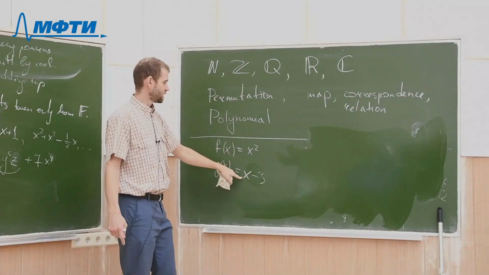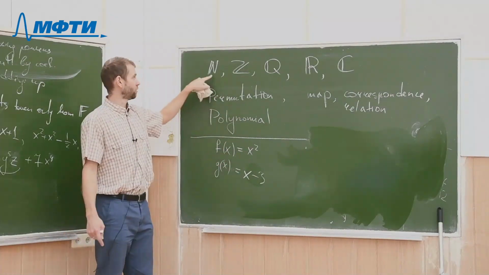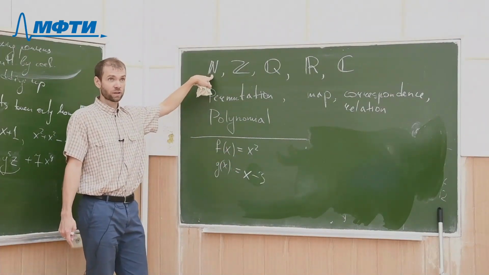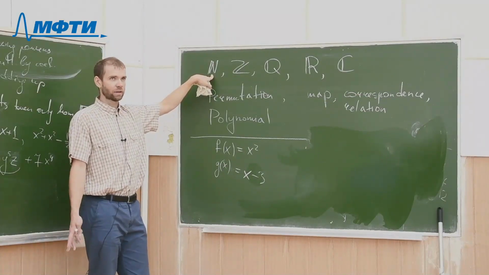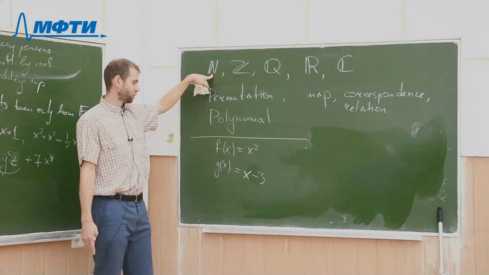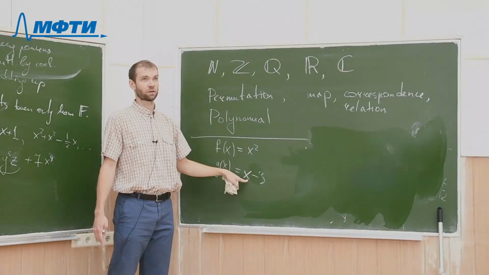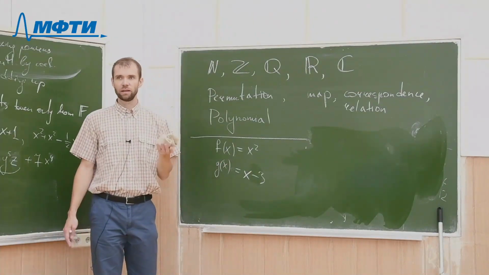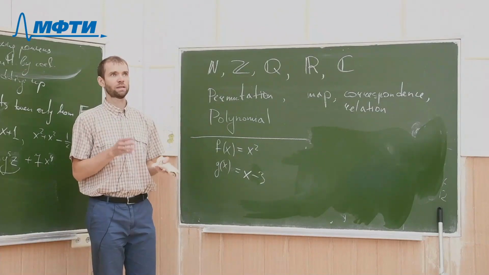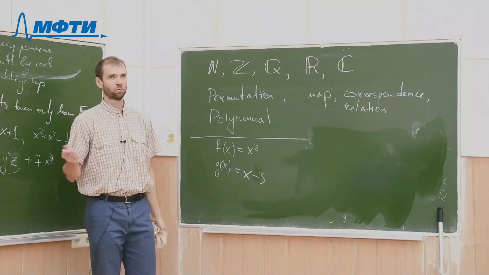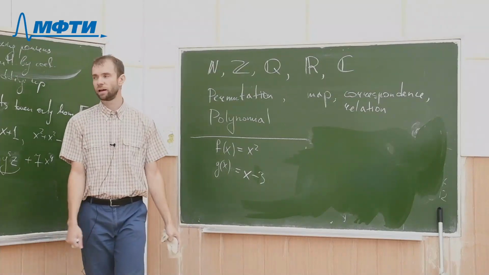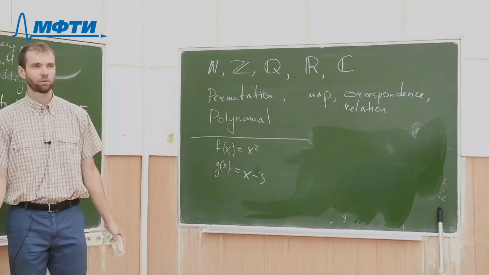But you cannot consider this to be a genuine operation on the set of all naturals, because it is undefined when we take 0 or 1 or 2 and try to perform this operation. So an operation is a thing which is always defined, properly defined. Whatever you feed to it, you always know how to compute the result.